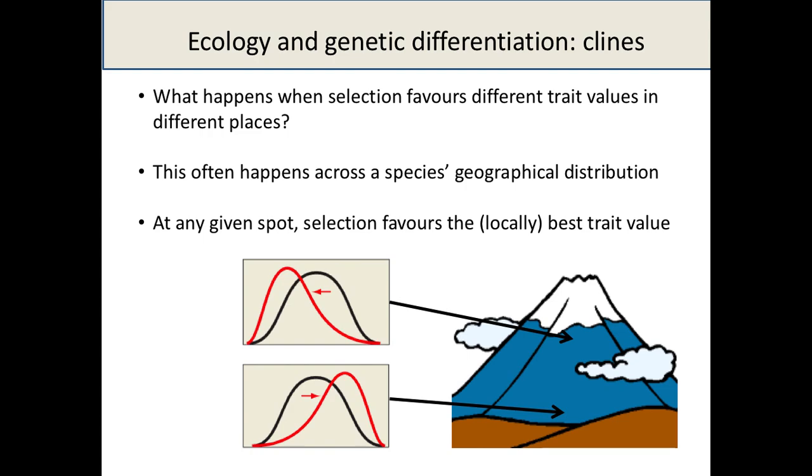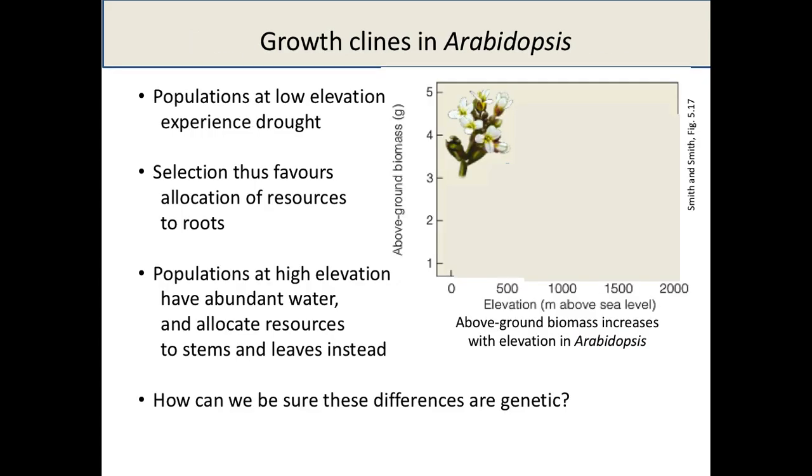So we've moved on a step. We have a hypothesis that we've derived from what we know about natural selection. We've made a prediction that the traits will vary. There's a selective gradient along here, so we can predict that traits associated with this gradient will vary. We can then test that. We can go to the field and measure plants or animals and measure those traits and see how that supports or refutes our hypothesis.